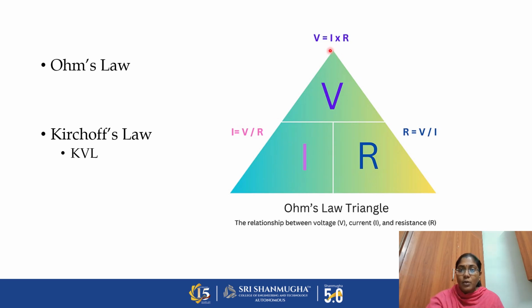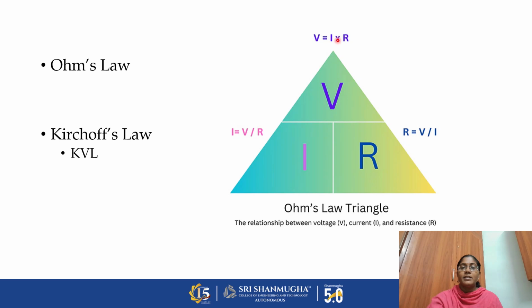That is, V is directly proportional to I. To remove the proportionality, you have to include the constant R. R is nothing but the resistance. So we can write the equation V is equal to IR in two other forms.